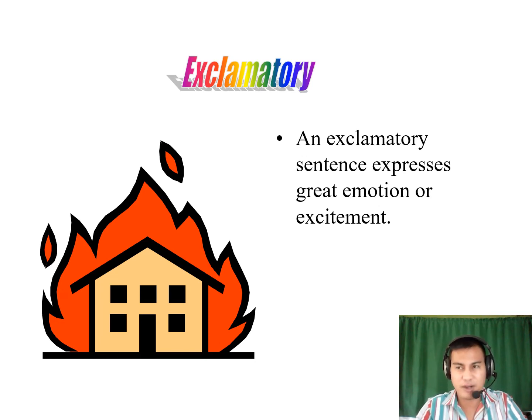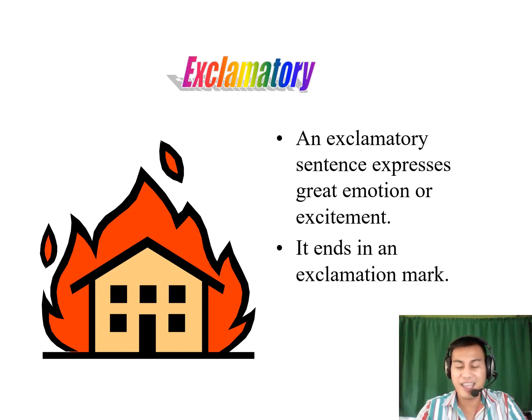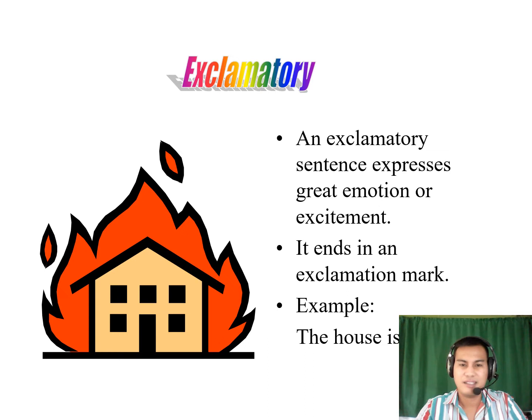Like when you are very sad, very mad, very angry, when you are shocked, surprised, or very happy, you are at the tip of your emotion. You are like shouting at the top of your lungs. So it ends in an exclamation mark. Example here, the house is on fire! When your house is caught by a fire, you'd be shouting at the top of your lungs in order to get help.